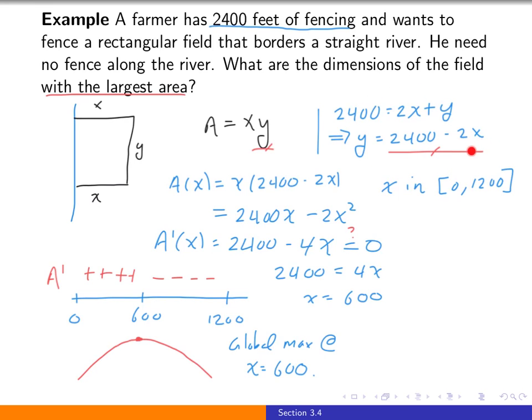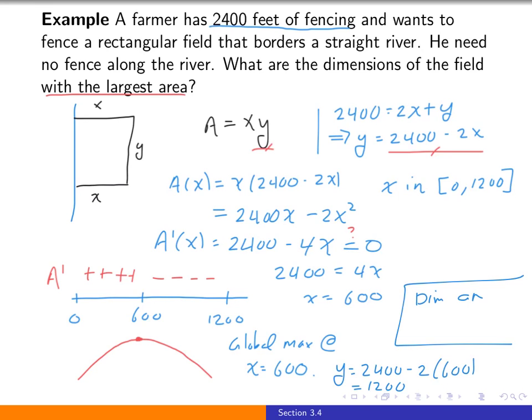So y is 2400 minus 2x. In this case, y is 2400 minus 2 times 600, which is 1200. So the global max occurs at x equals 600, and our conclusion is the dimensions of the field with the largest area are 600 feet by 1200 feet.